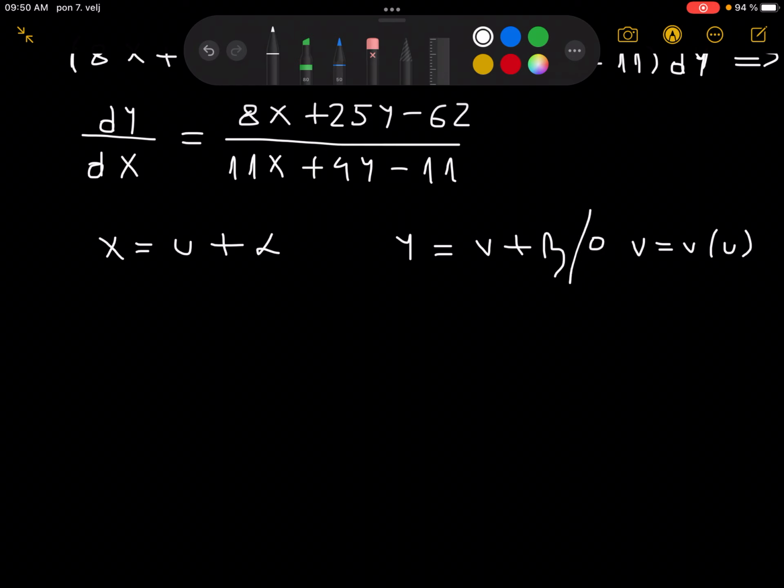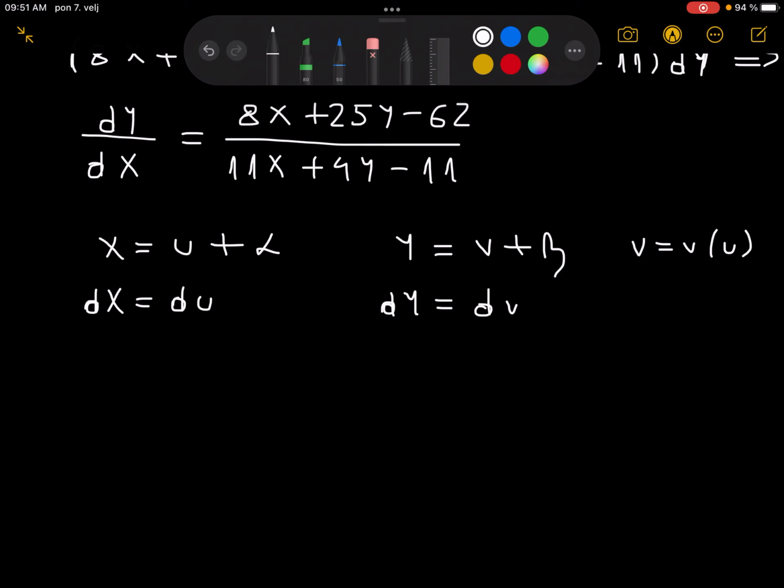What does that mean? Well, that means that when we differentiate both sides with respect to u, from here it follows that dy is equal to dv, and from here it follows that dx is equal to du.